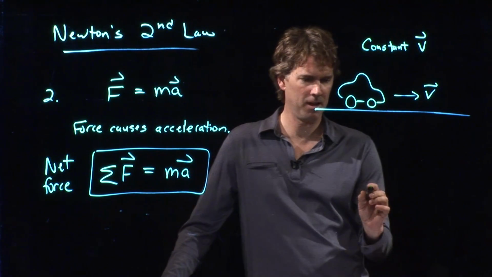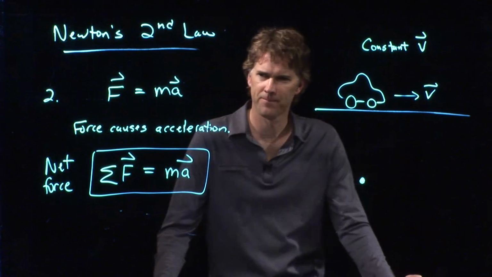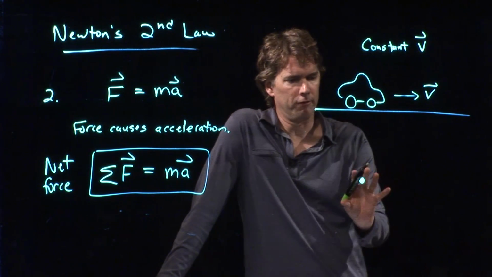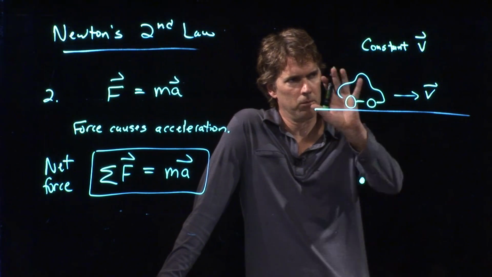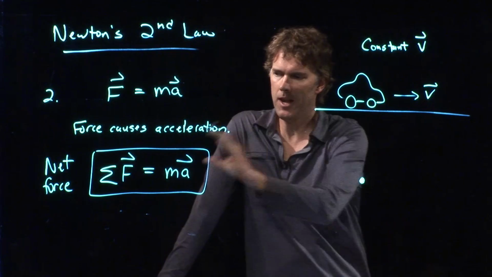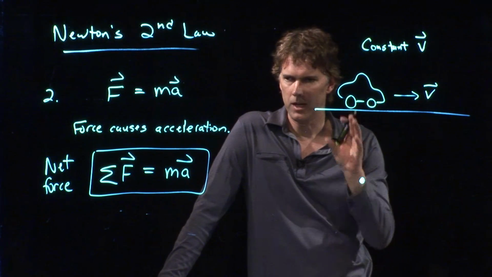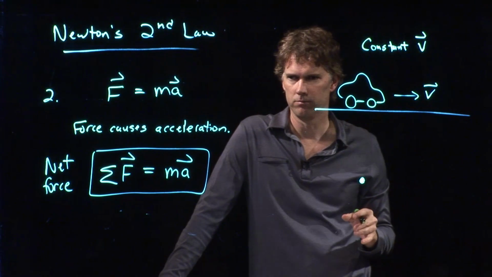Dalal, what's a particular force I should draw here on my car? Well, this is our free body diagram. Okay, we know that we're moving at constant velocity, which means the net force has to be 0, but there's got to be some individual forces that are acting on the car. So what is one of those forces?